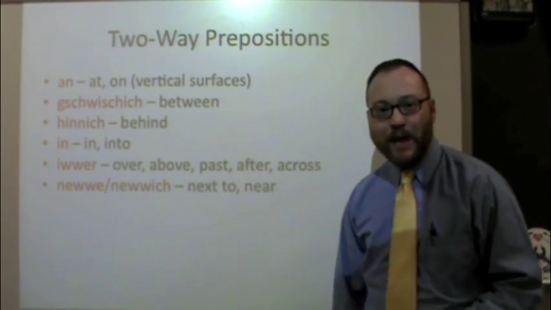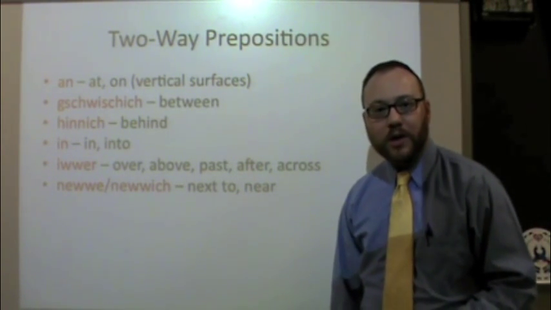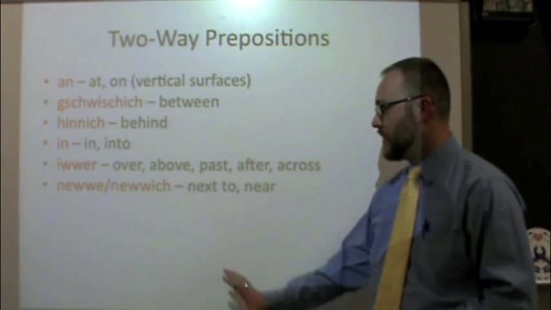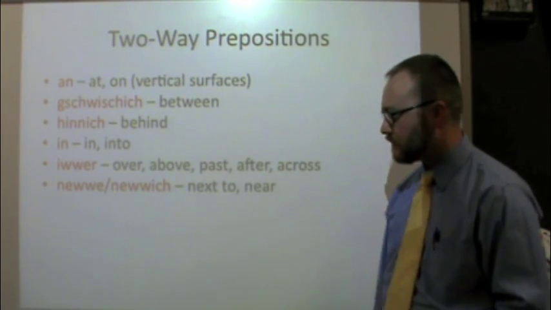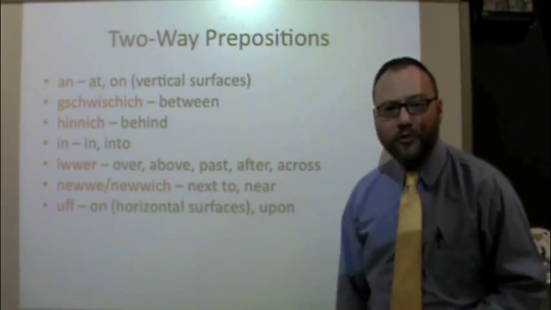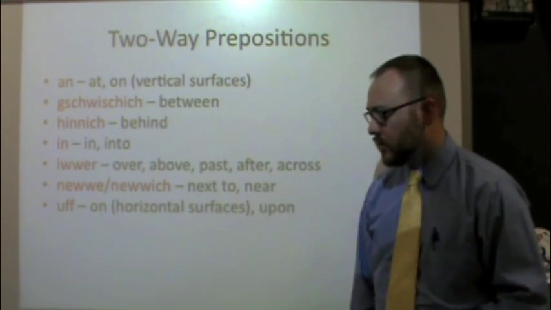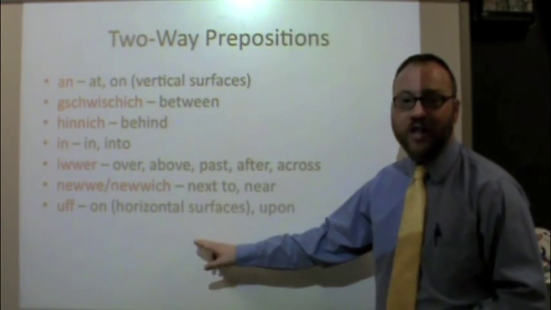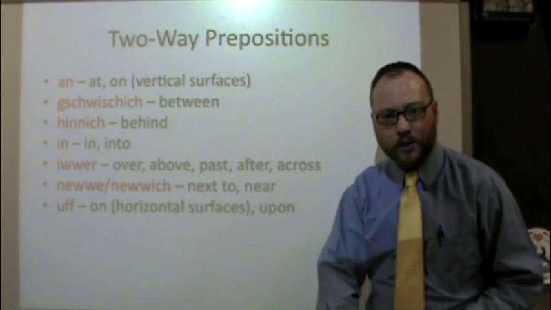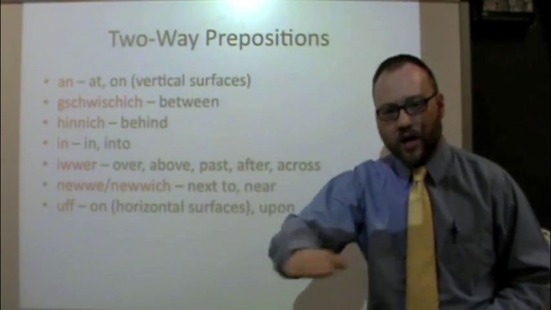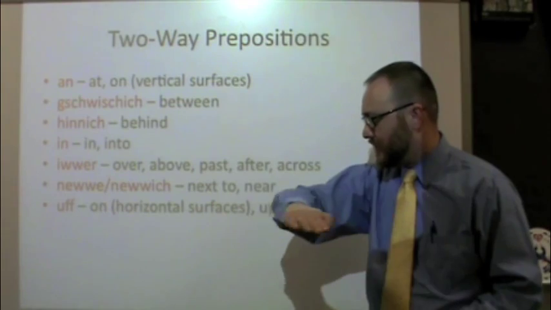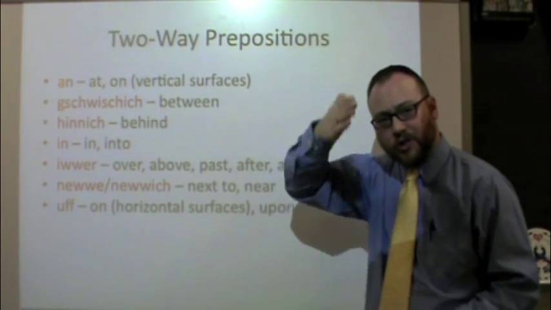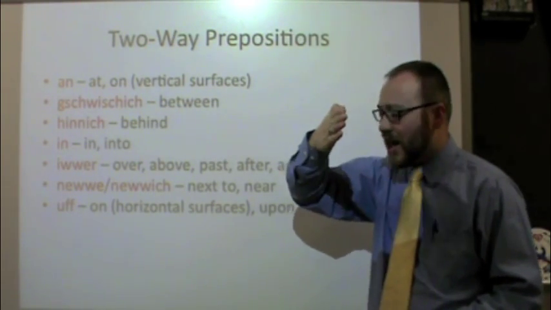Neber or nebig, neber or nebig, both, doesn't matter, mean next to or near. Oof. Oof is on, and here is horizontal surfaces, so like on a table or on the chair. On a flat horizontal surface, we use oof. If it's a vertical surface like a wall, then we use an.